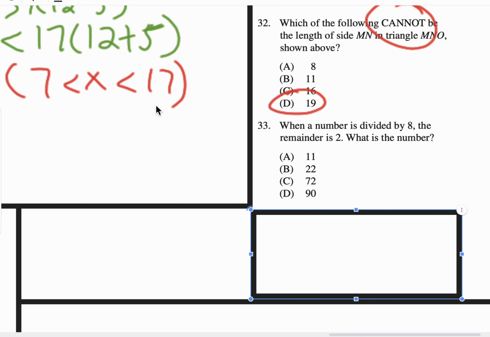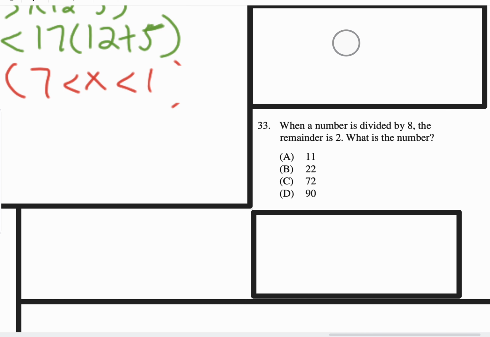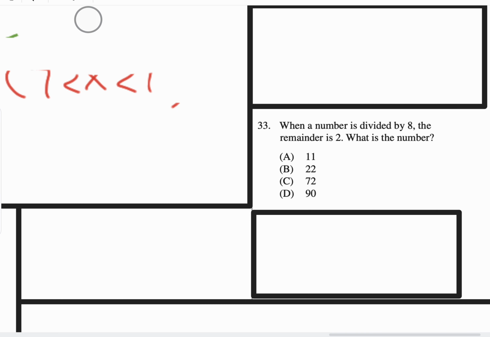Let's try 33. When a number is divided by 8, the remainder is 2. What is the number? Let's go ahead and use the answer choices here. This is called PDA, or plugging in the answer.